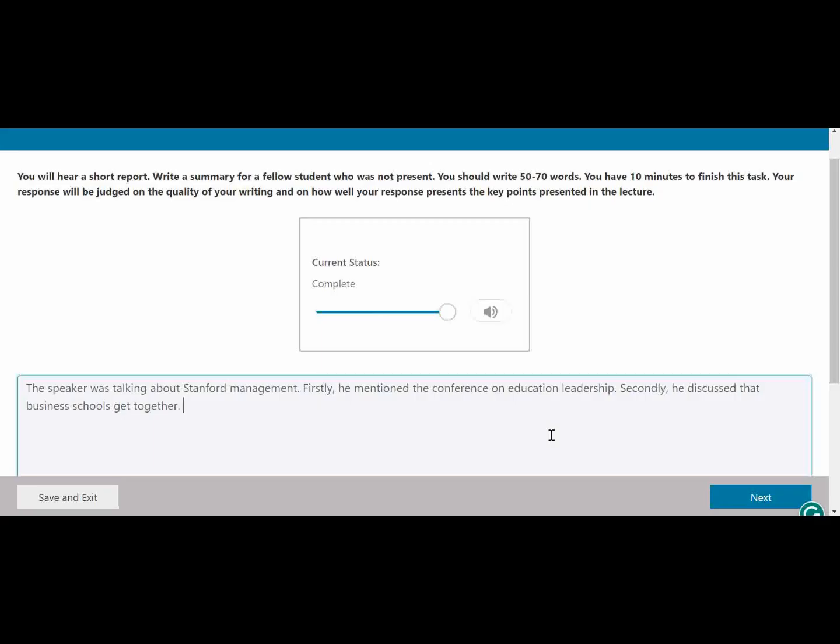Next, in addition, he explained that the purpose of each school is education.